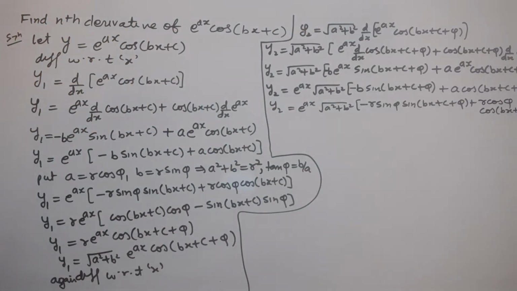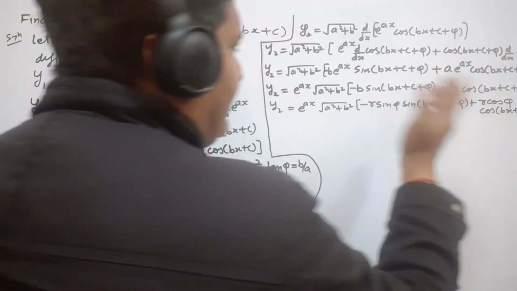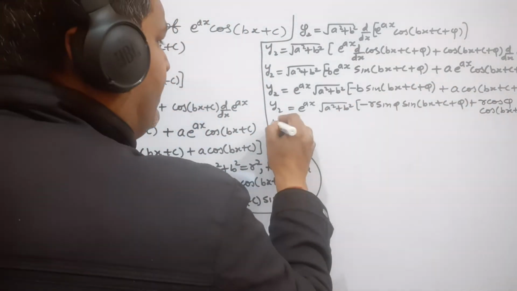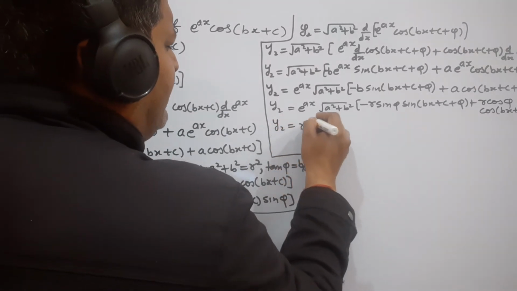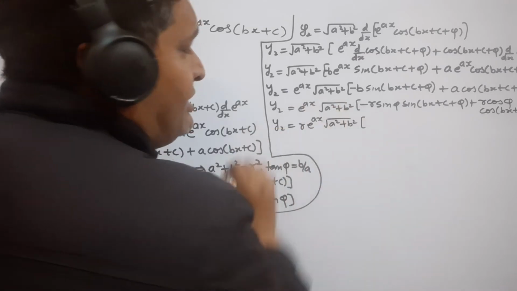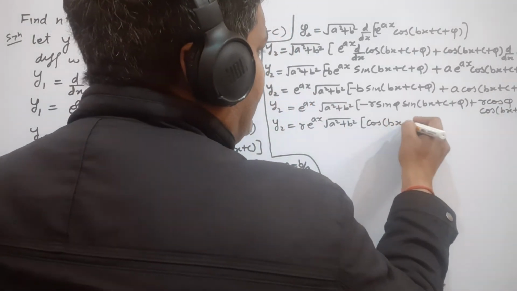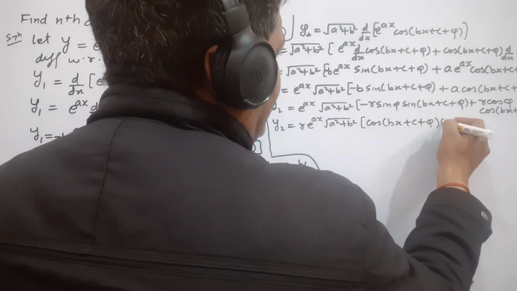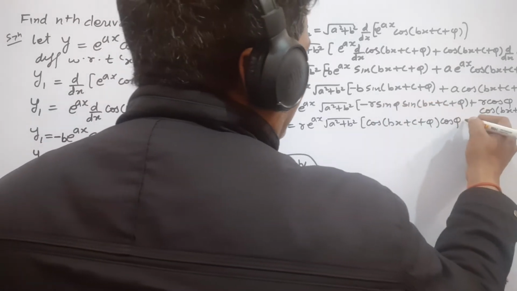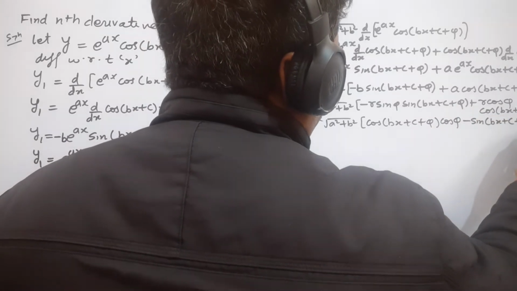Now we can see that this small r is in both the terms, so we take it common outside the bracket. We write here r multiplied by e to the power ax multiplied by the bracket: first cos bx plus c plus phi multiplied by cos phi minus sin bx plus c plus phi multiplied by sin phi.